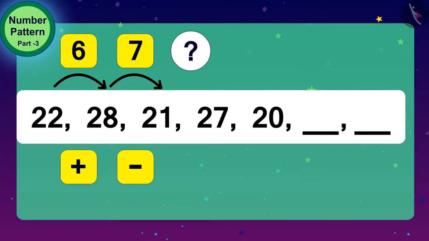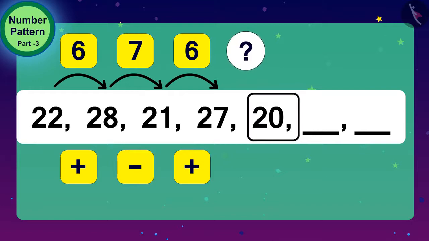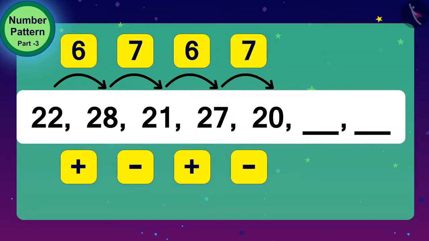What will we do to get 27 from 21? We will add 6 to 21. And how do we get 20 from 27? 7 is subtracted from 27.